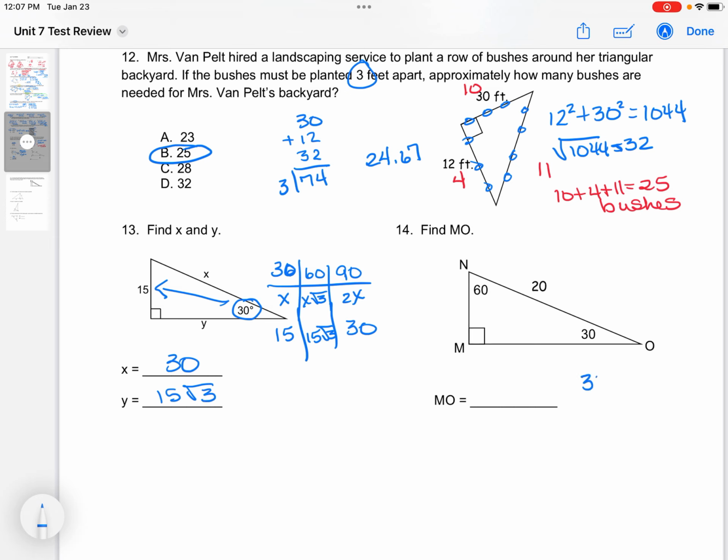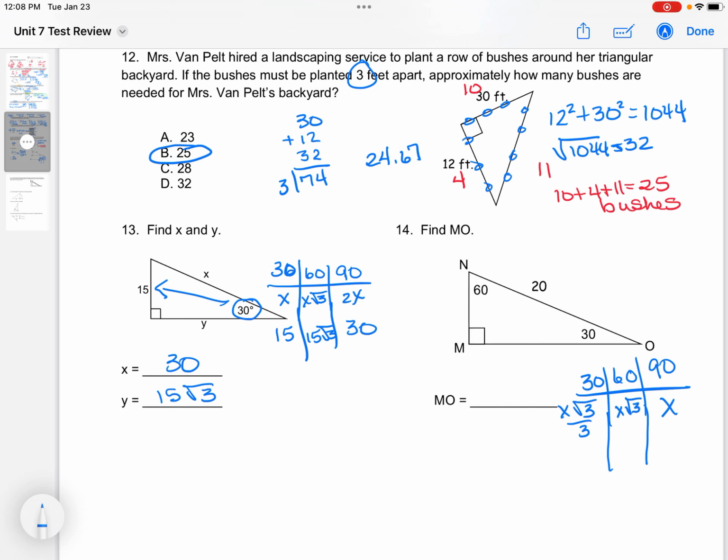This one is also 30, 60, 90, but the hypotenuse is the whole number. So that means the other two are going to be, excuse me, X square root 3 over 3. Oh, wait a minute.